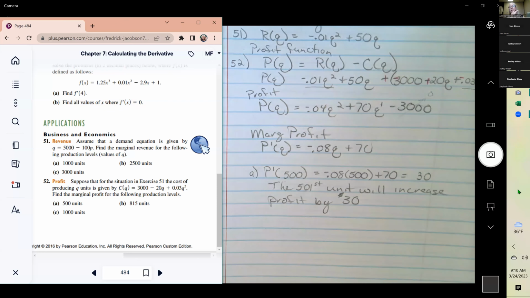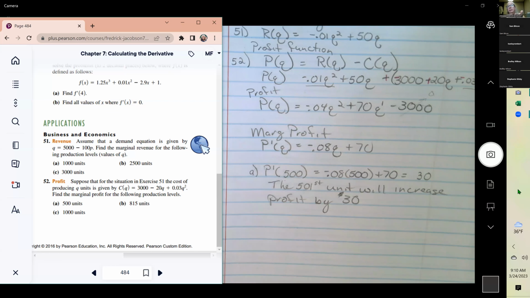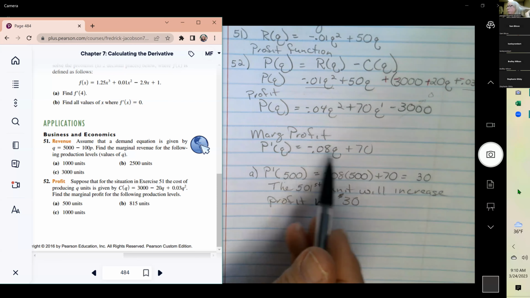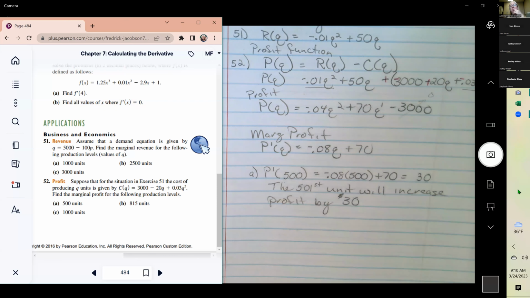It's telling you the next unit, how much it's increasing by. So it's telling you at that exact instantaneous change, at that exact point, how it's changing. And so that's why derivative is also instantaneous rate of change. Whereas when we found the average rate of change, you were finding how it was changing just between 2 points. This is telling you at this value, if you want one more, it would increase by 30.